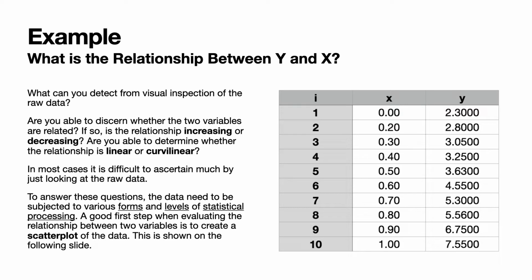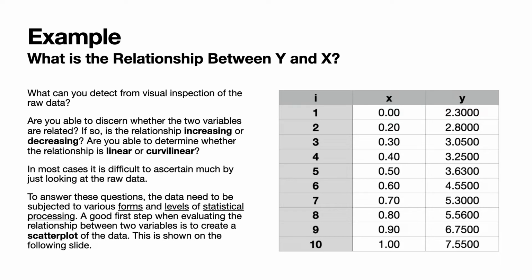In most cases, it's difficult to ascertain much by just looking at the raw data. To answer these questions, the data need to be subjected to various forms and levels of statistical processing. Now, by forms, I mean graphical techniques, organizational techniques, numerical techniques.